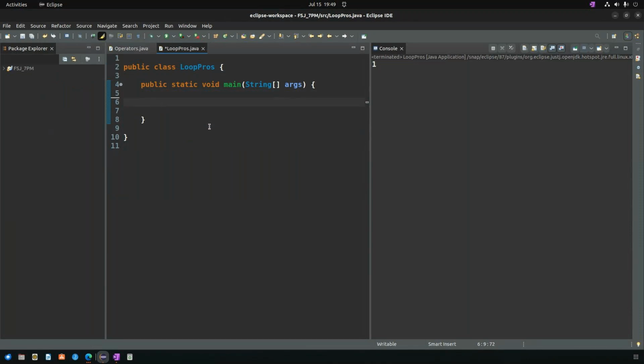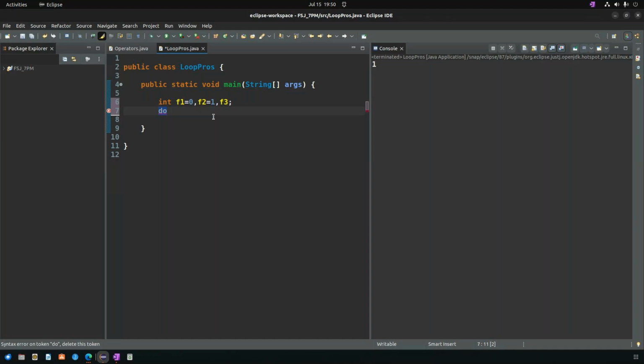So let's take the first number as f1. F1 is equal to 0, F2 is equal to 1, and we will say F3 is F1 plus F2. Now I need to go for a loop.